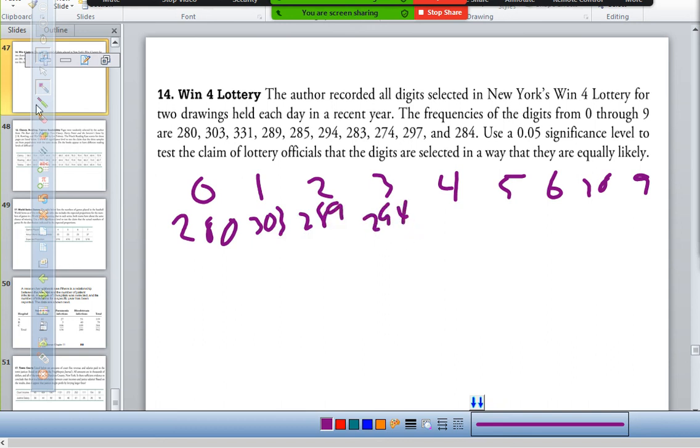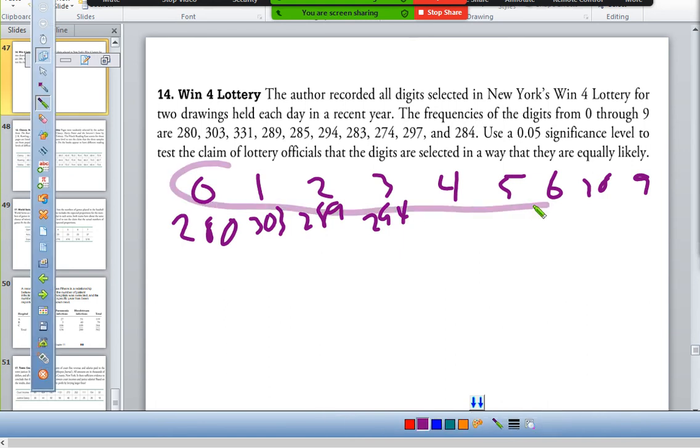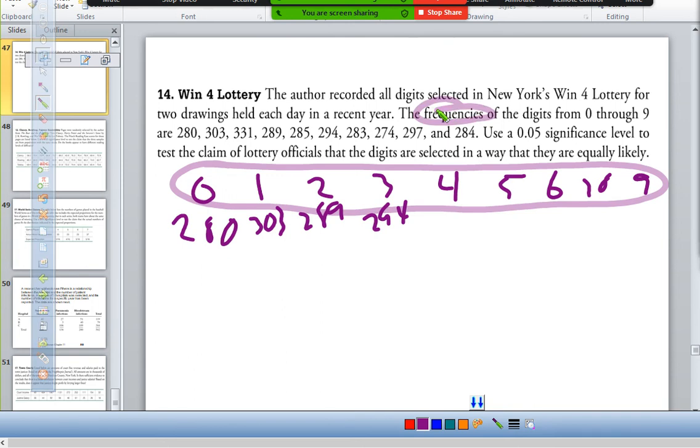So what are these guys here? Those guys are labels. See the word frequencies here? Once you see the word frequencies, that's another hint that this is a chi-squared. Frequencies are always going to be chi-squared.